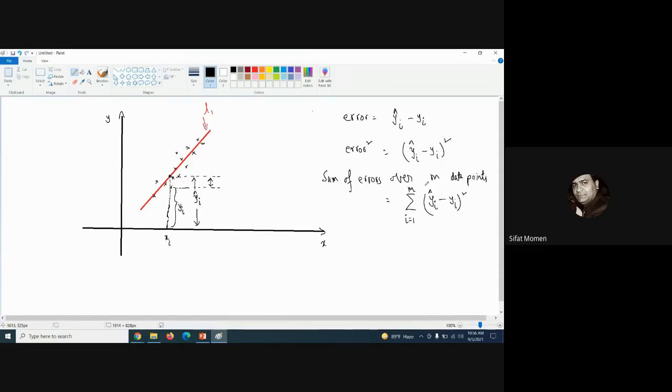Now think about this. What is this Y hat?